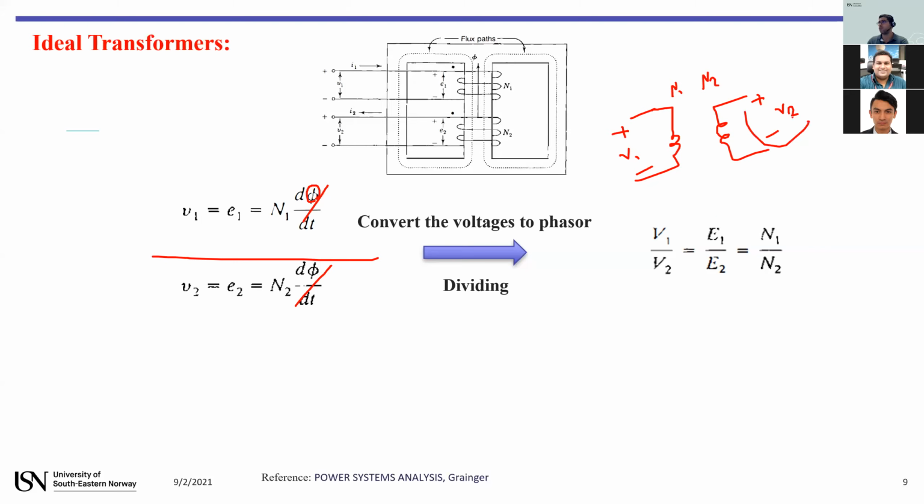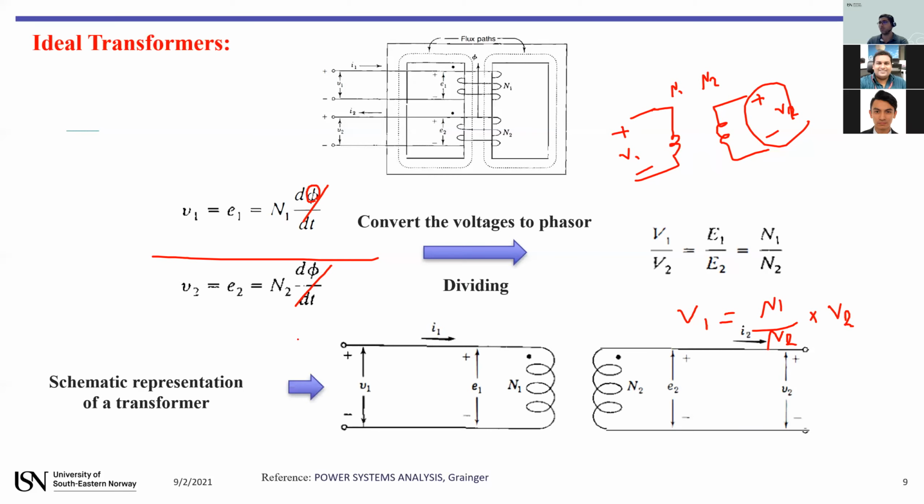If you have this value, you can say V1 is N1 over N2 times V2. So simply we can calculate one side based off the other side and the number of turns in the transformer.